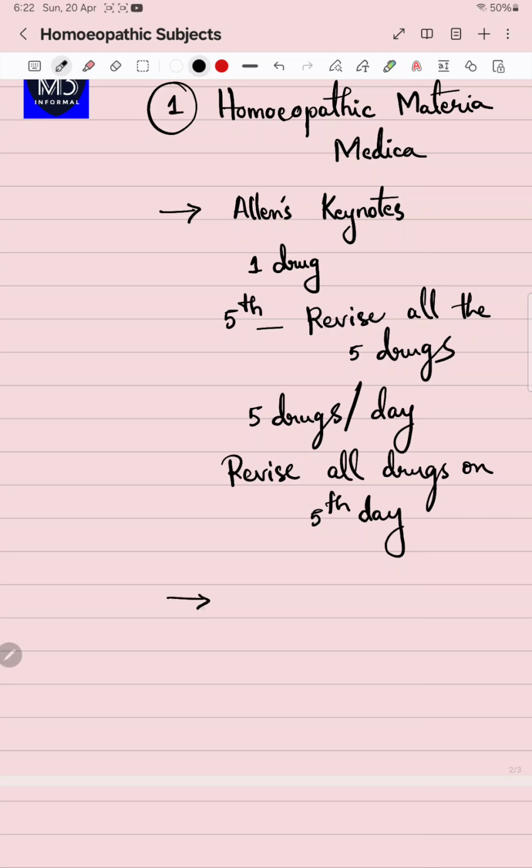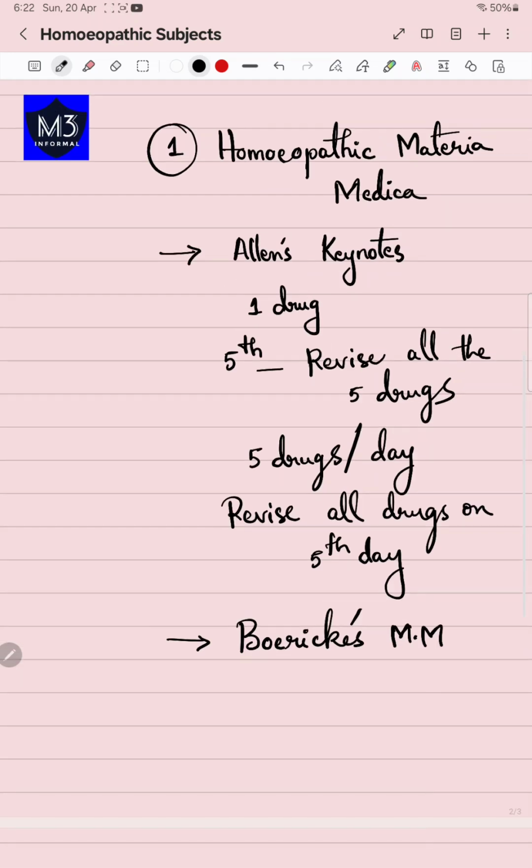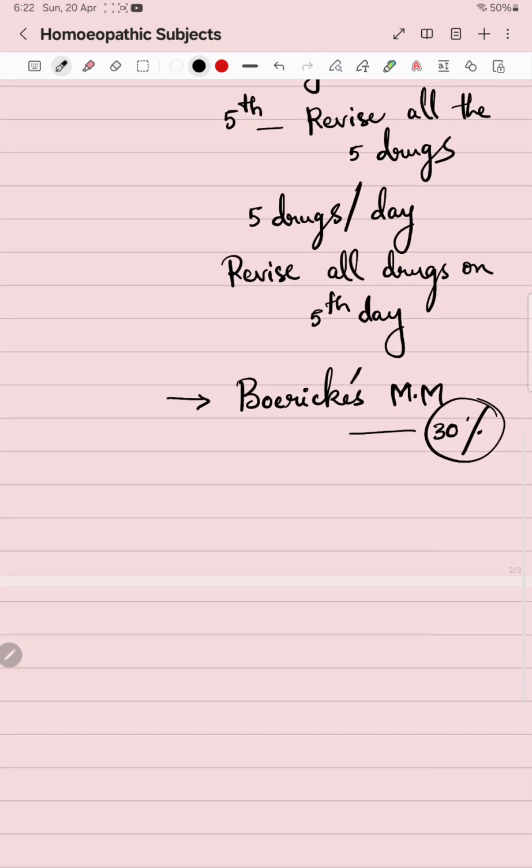And the second one, coming to Boericke's materia medica. Almost 30%. So, Allen's keynotes carries 50% of materia medica questions, whereas Boericke carries 30% of the materia medica questions.